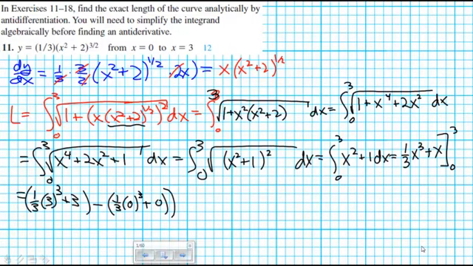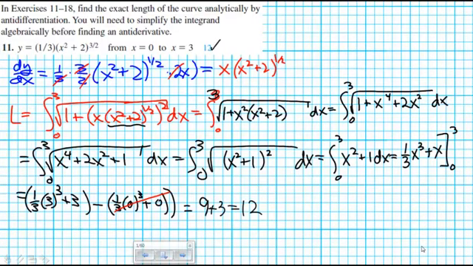And like happens so many times, that ends up just being a big fat 0. We don't worry about it. And we've got 3 cubed, which is 27, divided by 3, which is 9, plus 3, which is equal to 12.